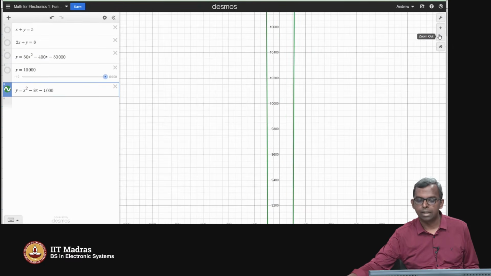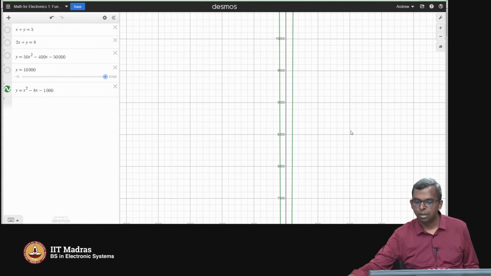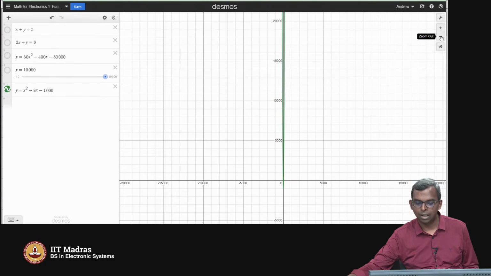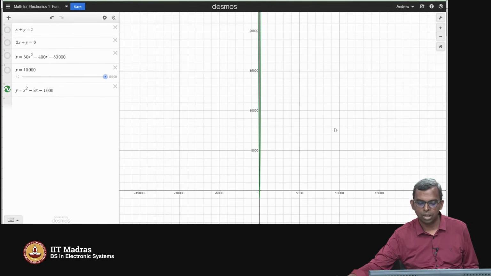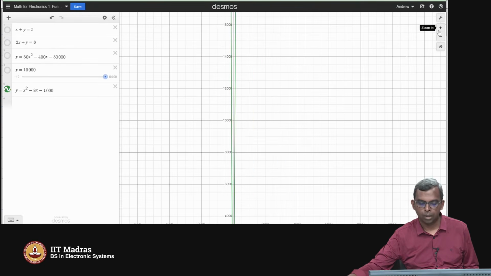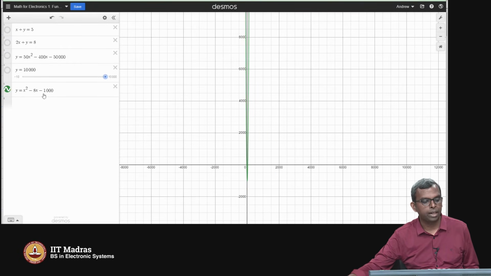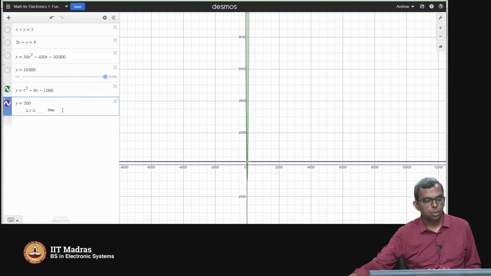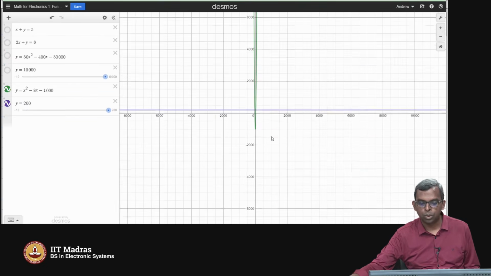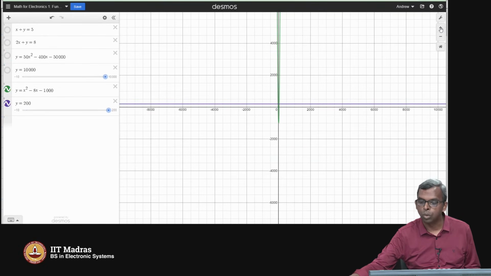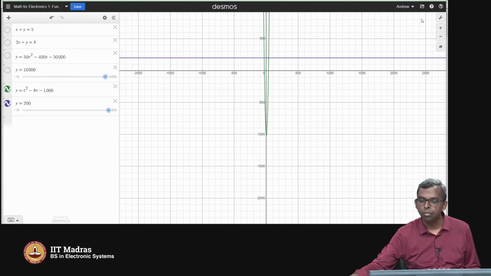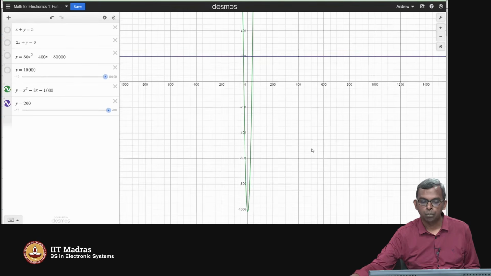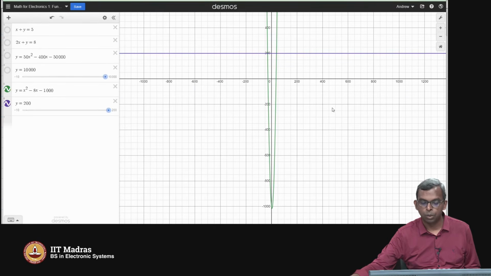Okay, so this one is a little bit better. You see that the scaling is not too bad, but still it's not that easy, right? So you want to see the whole thing, you can't quite see it. Okay, so anyway, the value for y was 200, I think, right? So you want to see these two together. You can maybe see it in one zoom. Okay, so there you go.